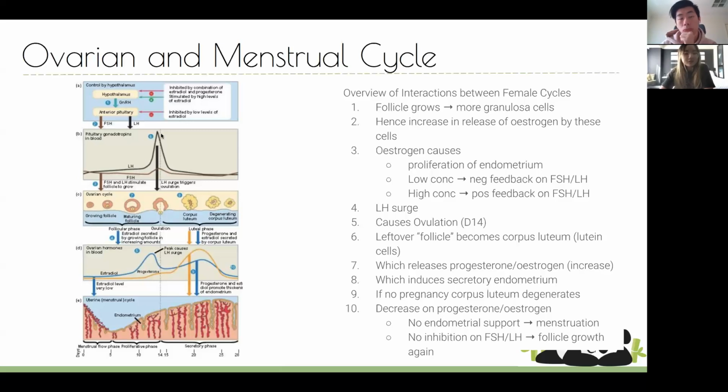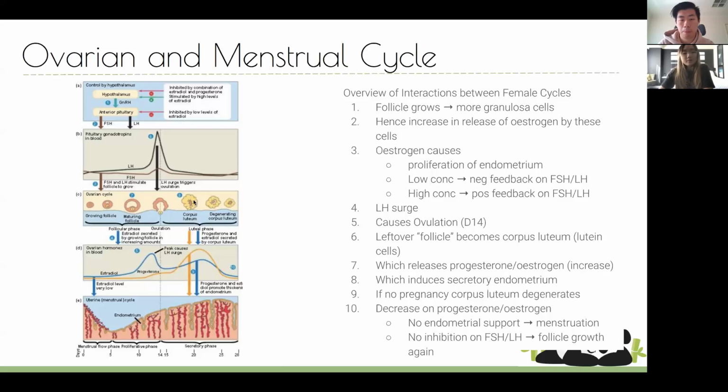It occurs just before the midpoint here at day 14. The LH surge is really important, and it's important that it comes just before day 14 because it causes ovulation. You can see the ovulation in the ovarian cycle here. Then because the egg has been released, it's traveling along the fallopian tube. It's no longer in the ovaries. The leftover cells that were forming the follicle become the corpus luteum.